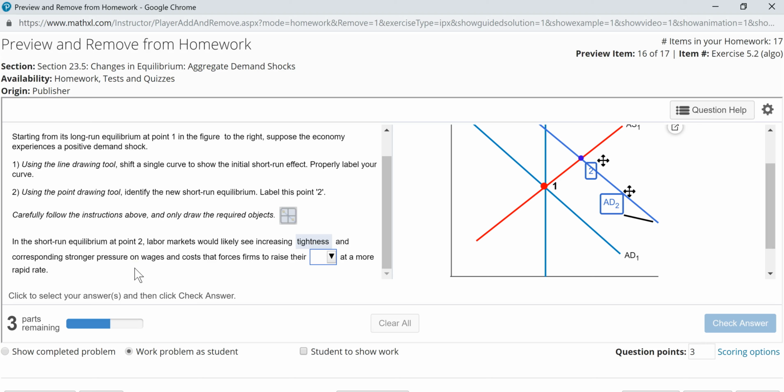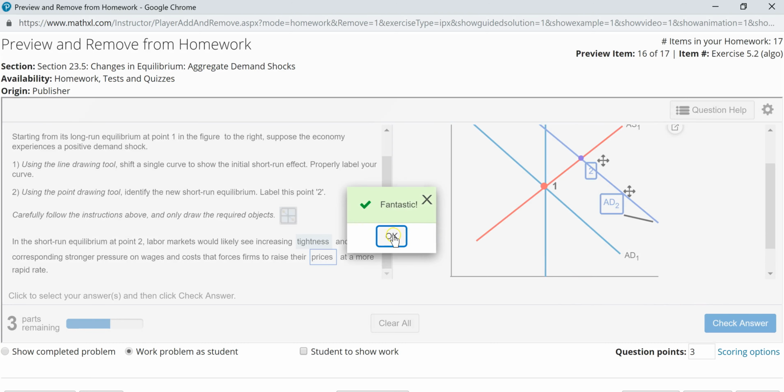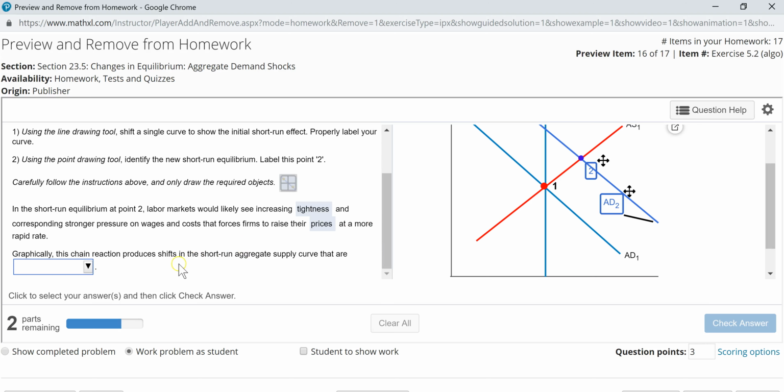And hence this forces firms to raise their prices, because the firms want to be profitable. So if the cost increases, they also have to raise their prices at a more rapid rate. So if the prices increase, you can imagine the inflation also goes up, right? The inflation should go up.